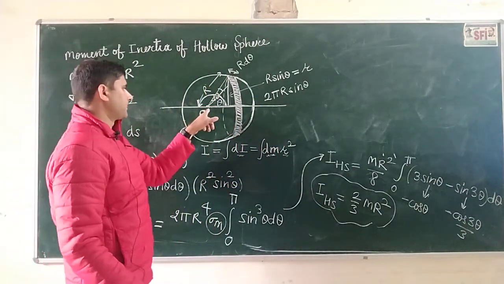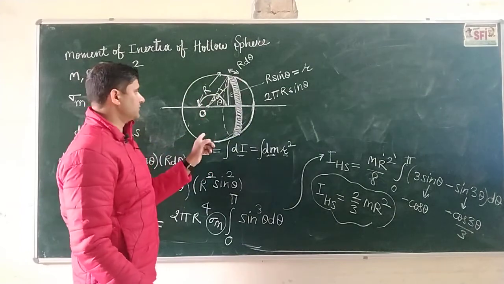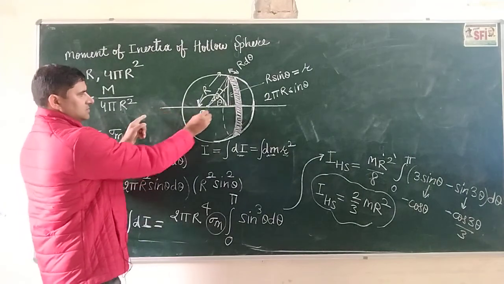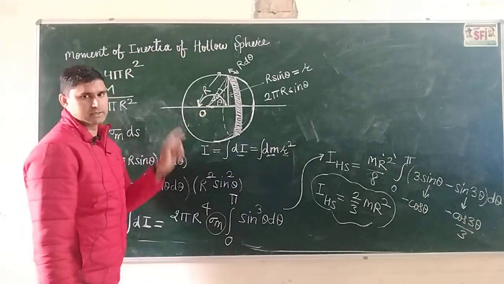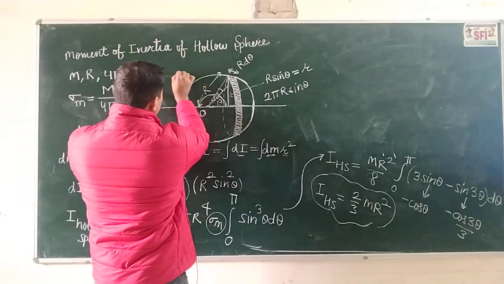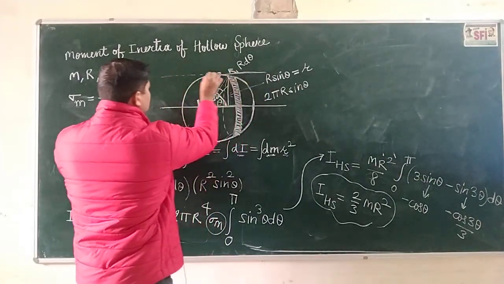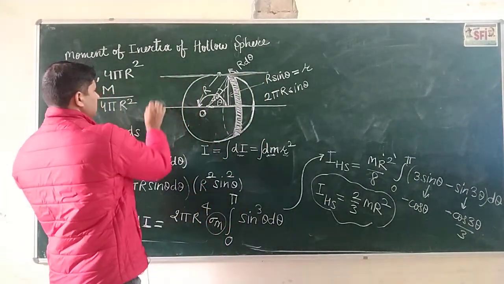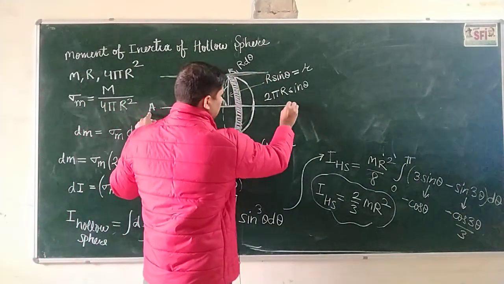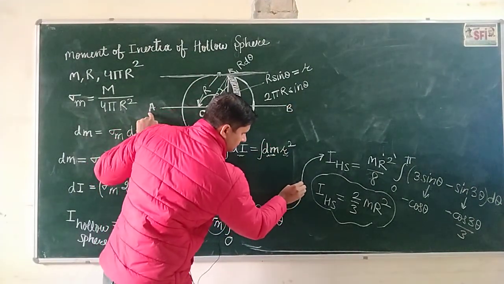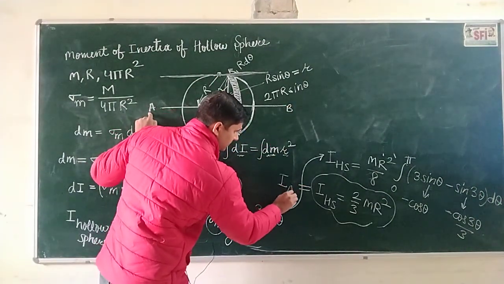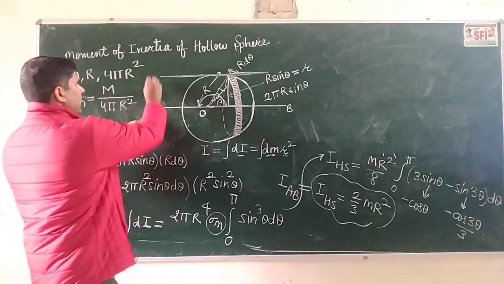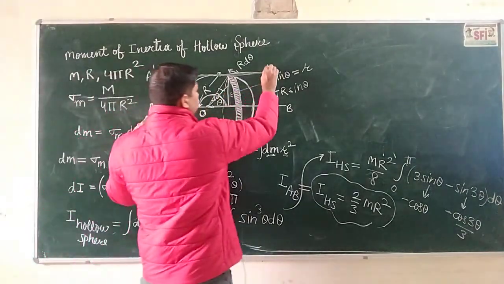You see O is the center of mass of this hollow sphere, and this is the axis which is passing through its center of mass, that is O. If we have an axis which is along the tangent, let me take this axis AB. We have calculated the moment of inertia of hollow sphere about an axis passing through the center of mass, that is AB, and this axis is A dash B dash.